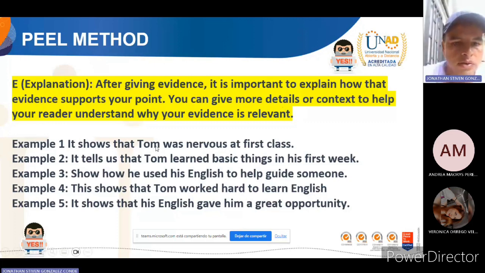So it shows that Tom was nervous at the first class. Example 2, it tells us that Tom learned basic things in his first week. It shows how he used his English to help guide someone. This shows that Tom worked hard to learn English. And the last example shows that his English gave him a great opportunity.